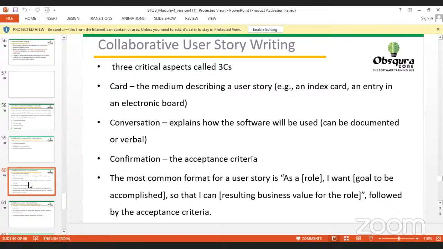The most common format for a user story, as I mentioned yesterday, is: as a role, for example as a registered user, I want the goal to be accomplished, so that I can achieve the resulting business value, such as so that I can reset my password. That can be the business requirement, followed by the acceptance criteria.